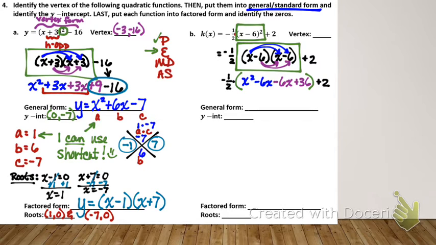So after I do my double distribution, I would move on to multiplying that negative 1/2 to everybody. So I'm going to distribute that just to the pieces inside the parentheses. That +2 was never being multiplied by the 1/2. So I'm going to distribute this. If you want to combine the negative 6x and negative 6x first, you can, but you don't have to.